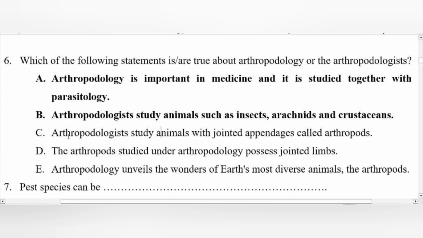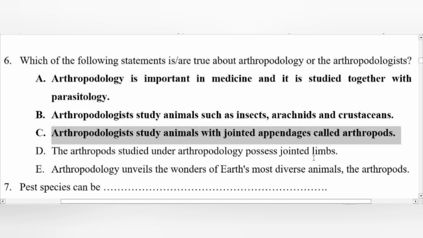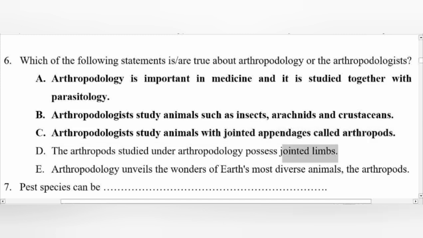Now, the anthropodologists study animals with jointed appendages. Yes, from what I have said about arthropods, they are animals with jointed appendages. And then the appendages include limbs. All right, so they have jointed limbs.